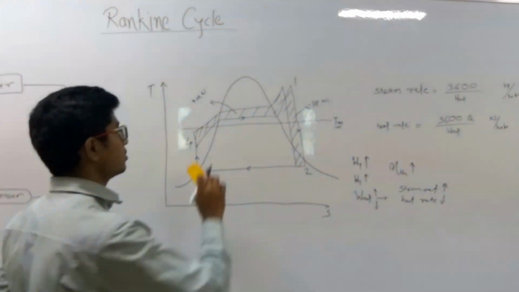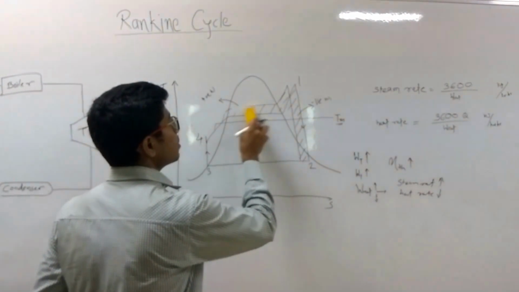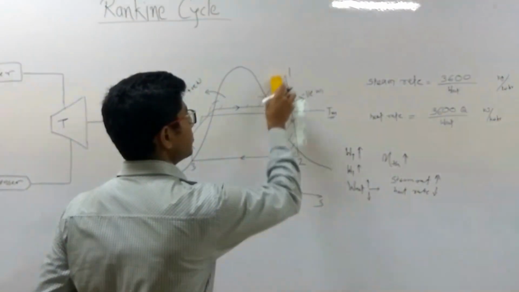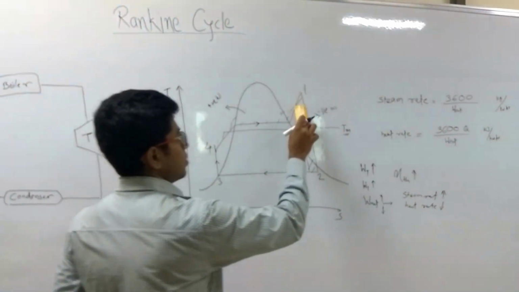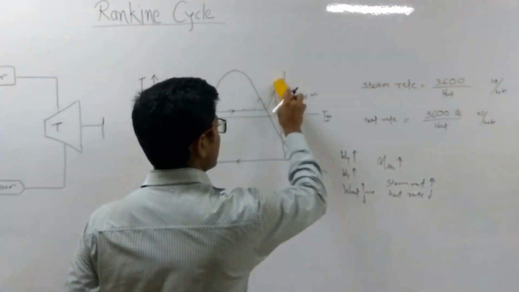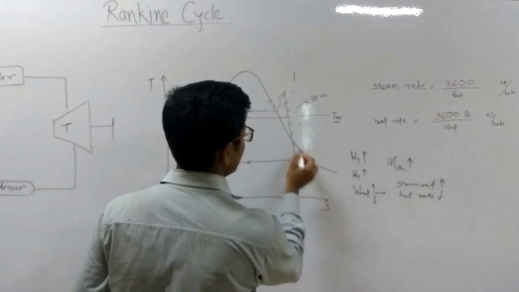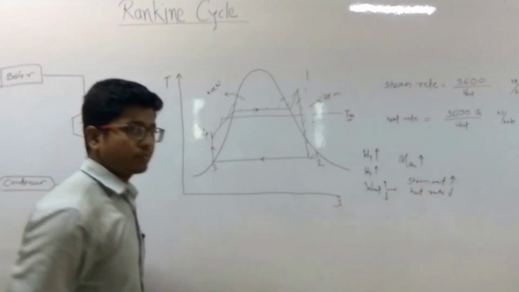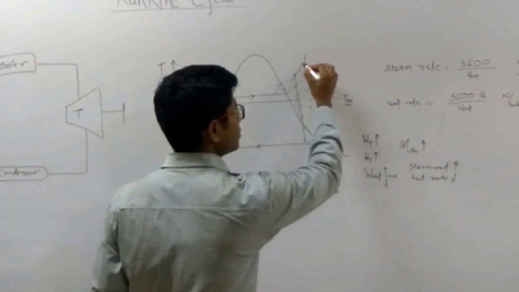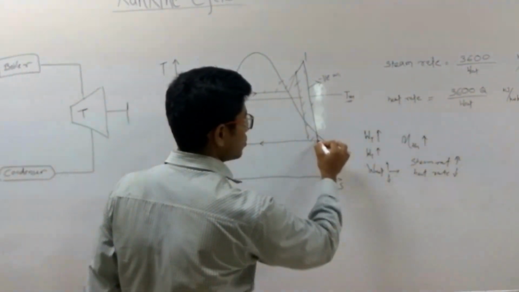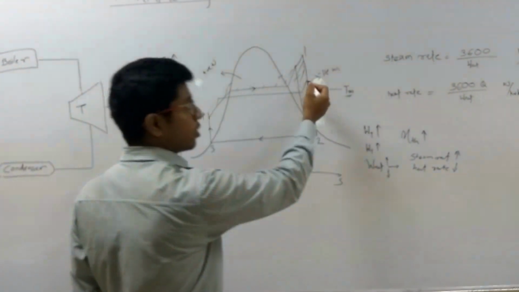Then the second thing is to superheat the steam. If we superheat the steam in the superheated region like this, we will get this extra work output.